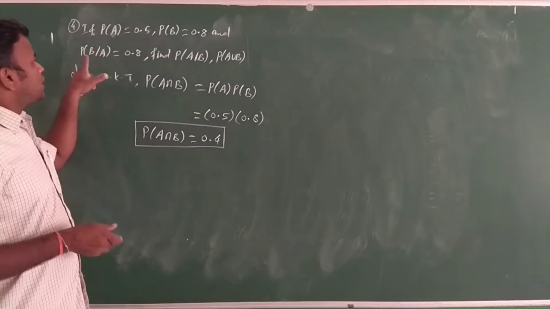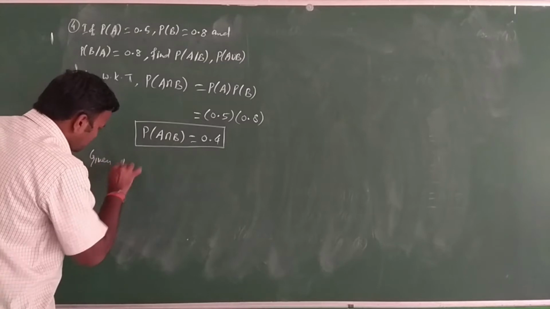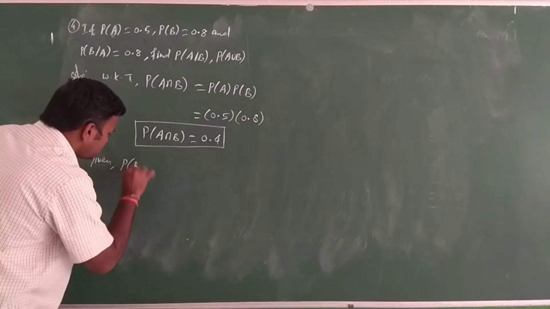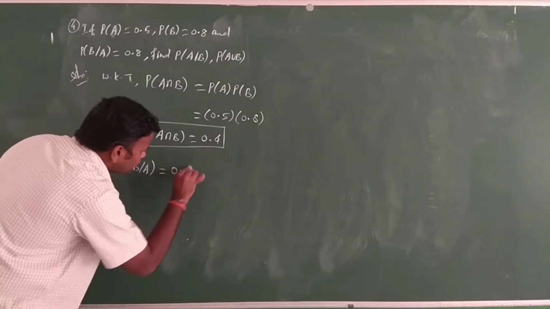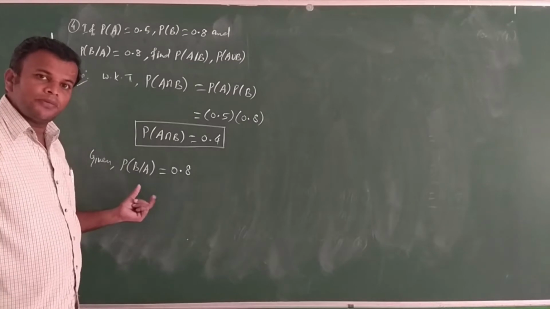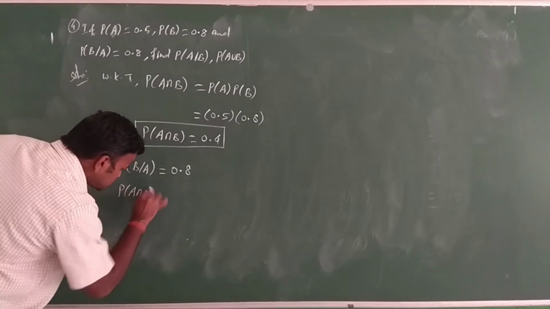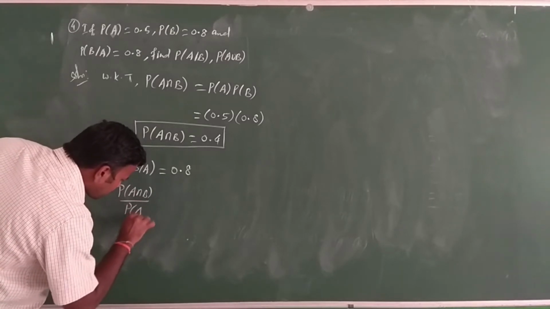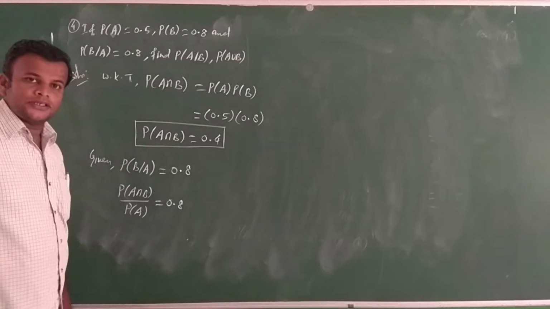So we use the other condition given: P of B by A is 0.8. We use the formula for the conditional probability P of B by A, which is P of A intersection B by P of A, equal to 0.8.